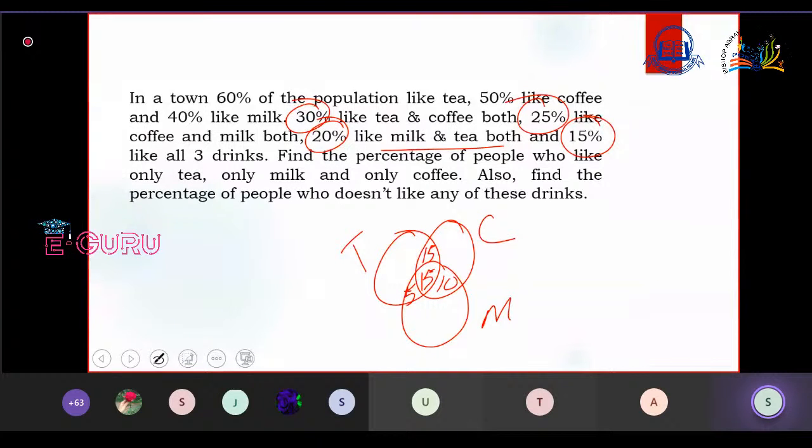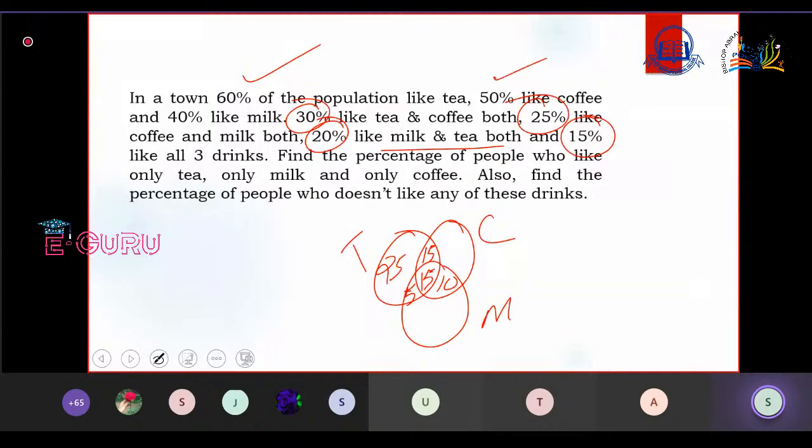Okay. Now we will go to the individual cases. 60% like tea. So out of that 60, 15 plus 15 plus 5 is already there. So already 35% is there, remaining 25% will come here. So altogether the 60% population will like tea.